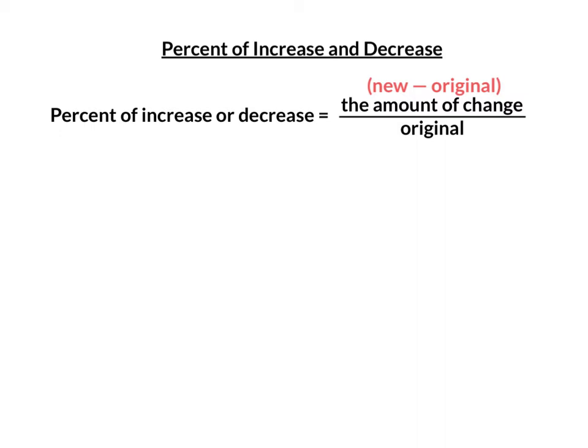So if you were buying something that was $10, but today it was on sale for $8, the amount of change would be 8, the new, minus 10 over the original, which was 10.